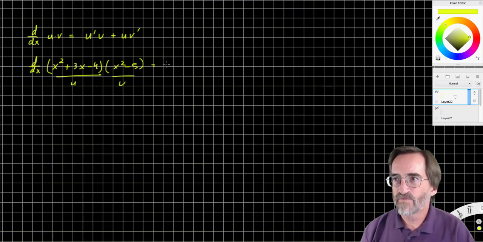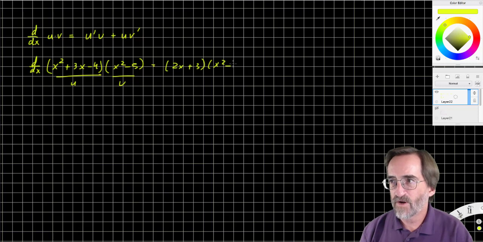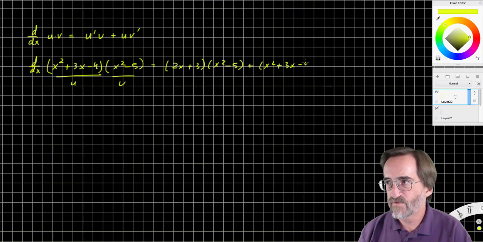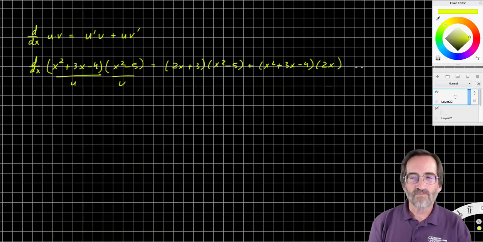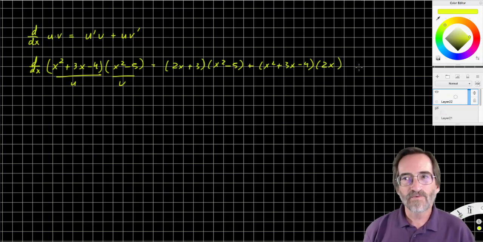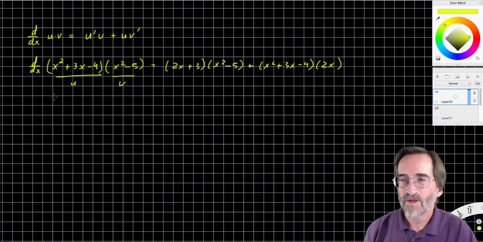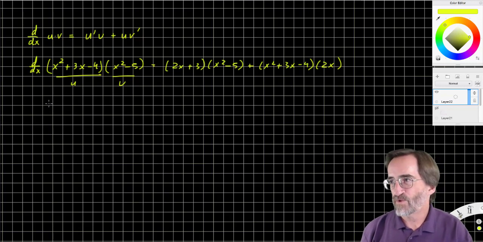So the derivative of the first, 2x plus 3, times the second, x squared minus 5, plus the first, x squared plus 3x minus 4, times the derivative of the second, 2x. Okay? So that's the product rule. Take the derivative of the first, multiply by the second. Take the first without the derivative, multiply by the derivative of the second.